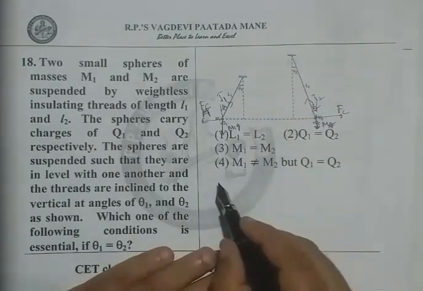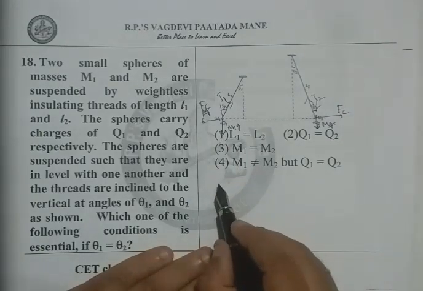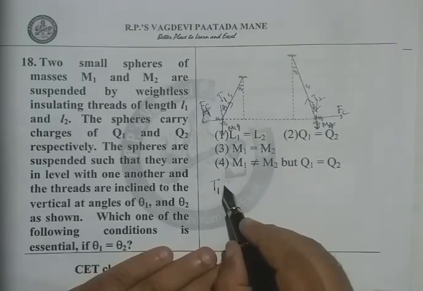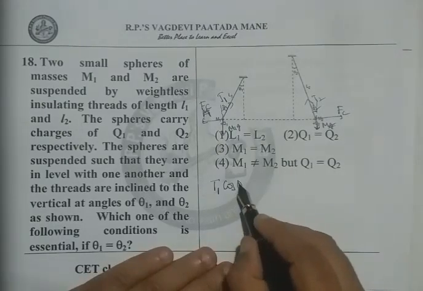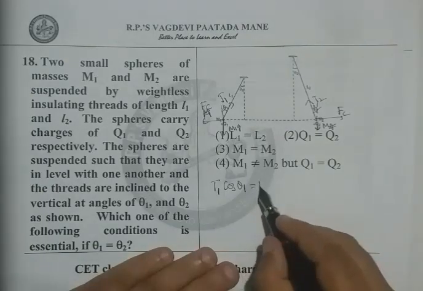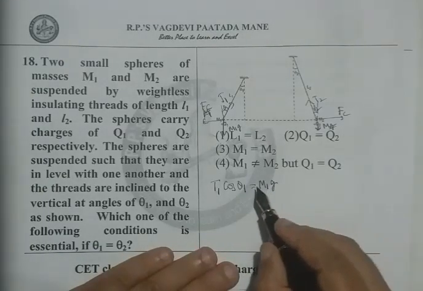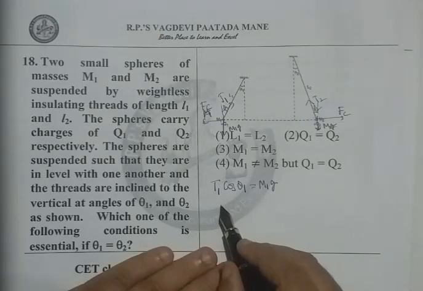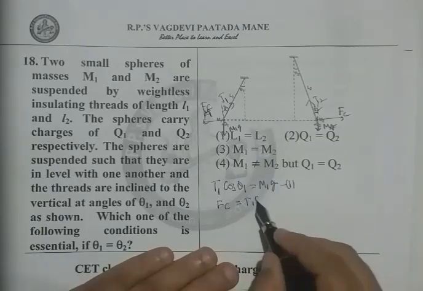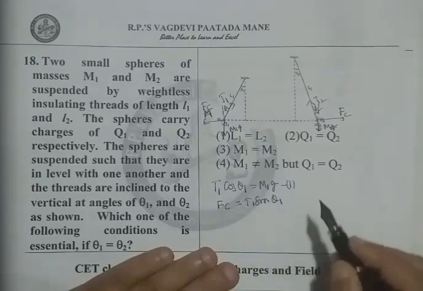Now, from the left hand side figure, by resolving the vectors, T1 cos theta 1, which is the vertical component, should be equal to M1G. I call this equation 1. Fc, the Coulomb's force, is equal to T1 sin theta 1.